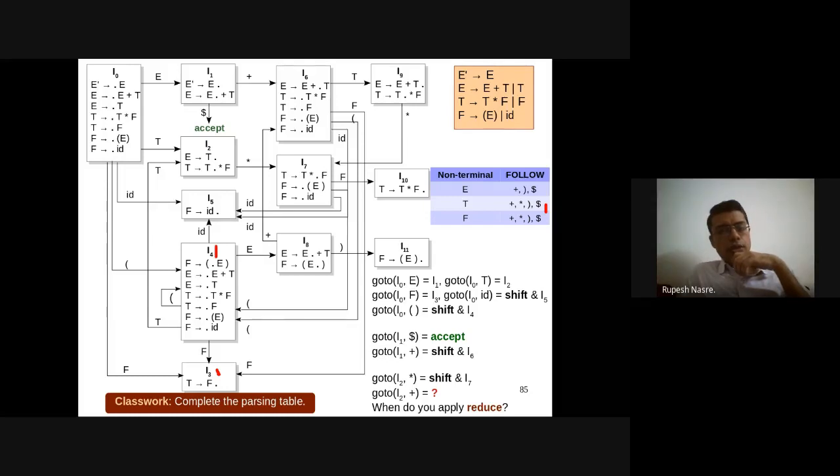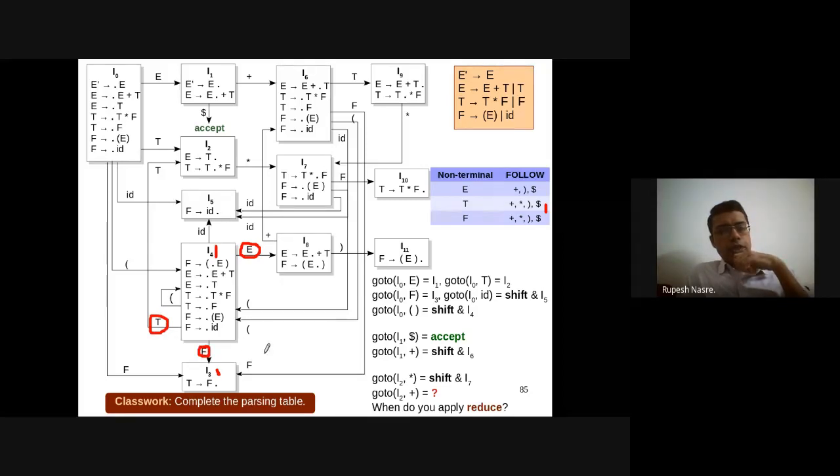So on non-terminals, there are transitions. For example, on E there is a transition to 8. On T there is a transition to 2, and on F there is a transition to 3.